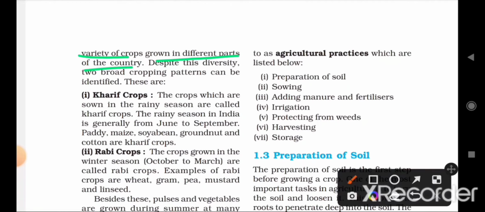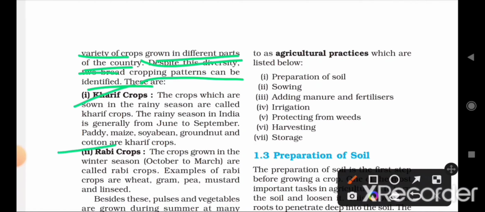Despite this diversity, two broad cropping patterns can be identified. Even though different kinds of crops are grown in different places, we classify them into two main crops of agriculture. One is what? Kharif crops, and another is Rabi crops.